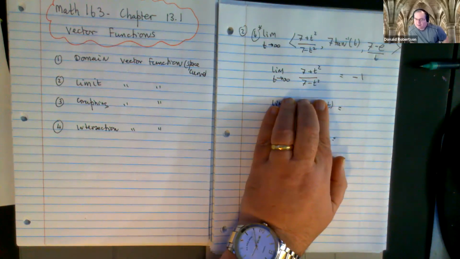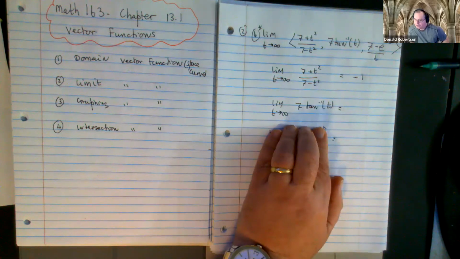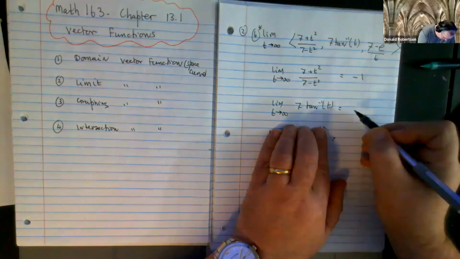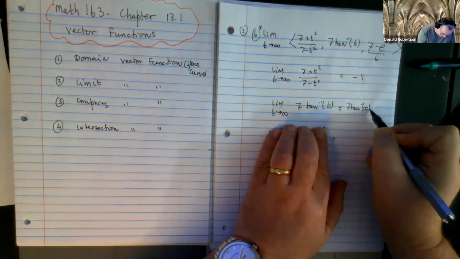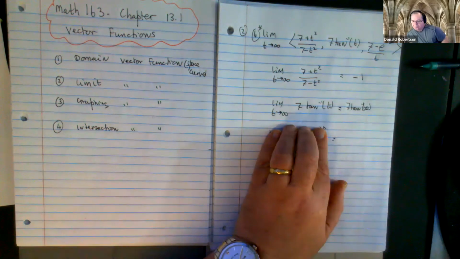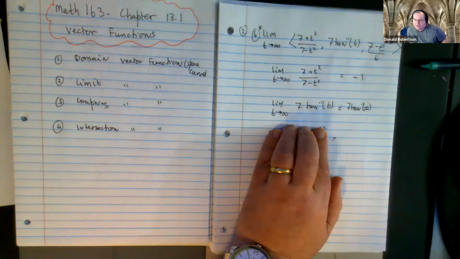Okay, this one here is brute force. Brute force is just you plug in infinity. And no, that answer is not infinity. What is the inverse tan of infinity? Actually, what angle has an infinite tangent? It's a number and it's got pi in it.